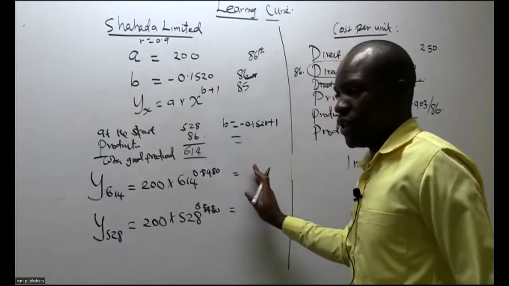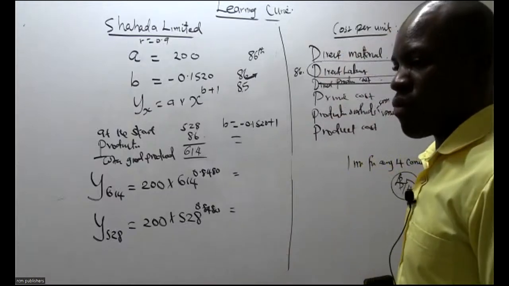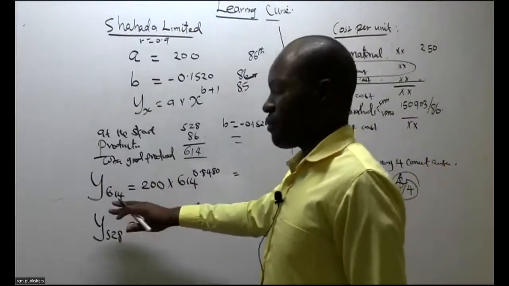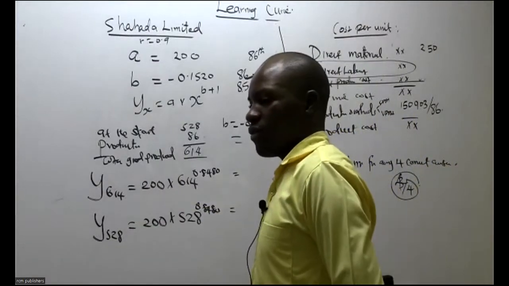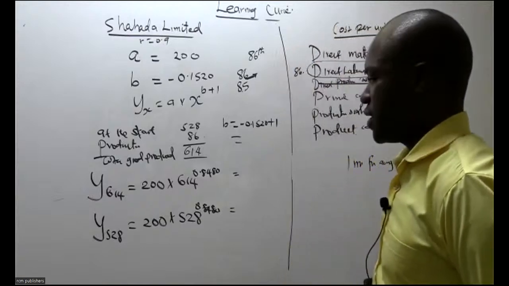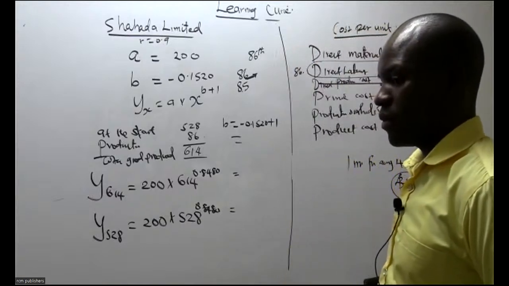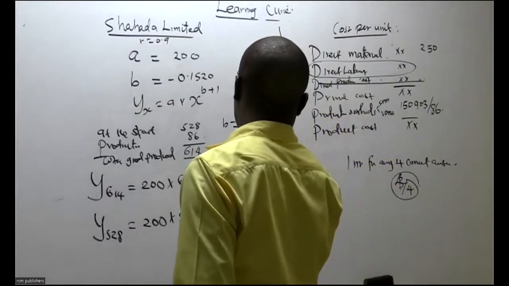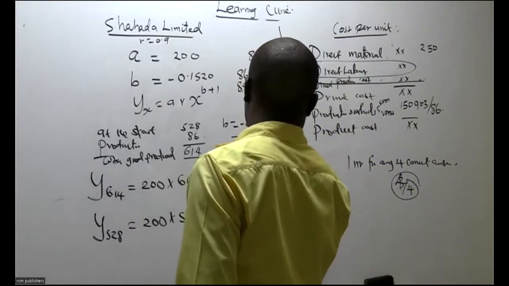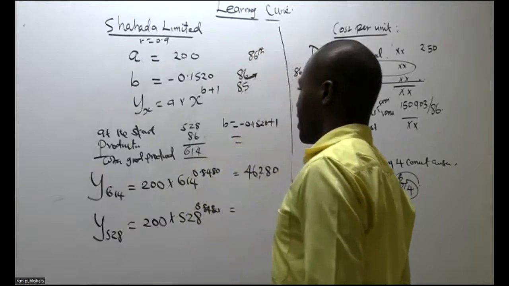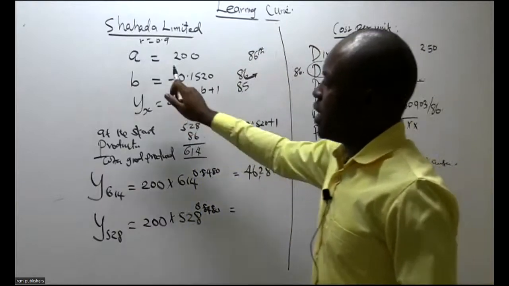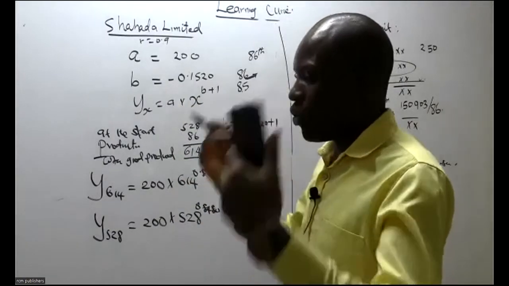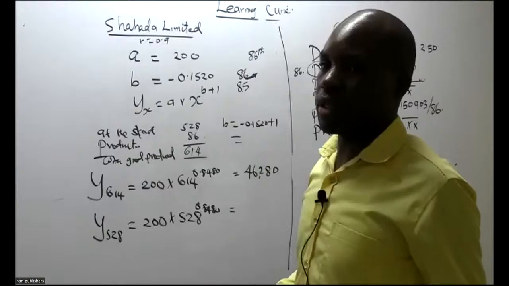Give me the totals here. The first one, for the first 614, how much do we have? 46,280. And I want us to be very keen. In the other question which we just did up there, we were given the labor cost per unit.